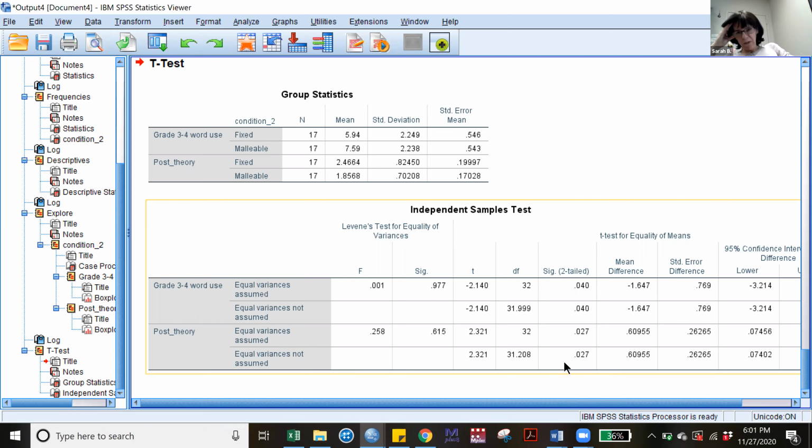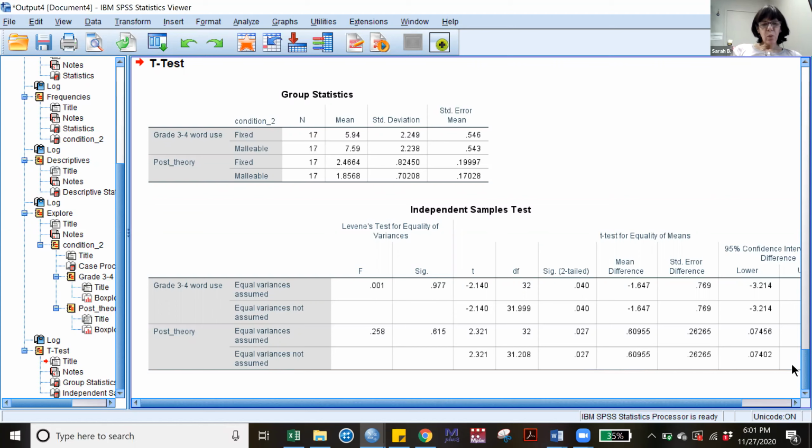It would be great if it does, but if it doesn't, if you're running a one-tailed test, you need to divide whatever value is in this cell by 2. So the actual probability that the malleable group would have a more malleable theory of intelligence than the fixed group is associated with a 0.0135 probability value.